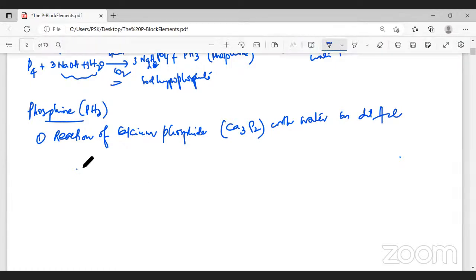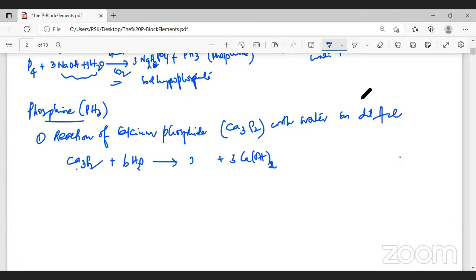The molecular formula of calcium phosphide is Ca3P2. When Ca3P2 reacts with water, we get 3 moles of calcium hydroxide and 2 moles of phosphine.